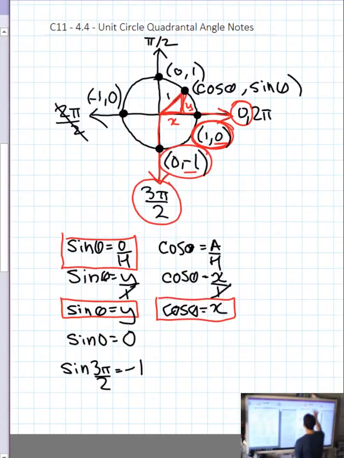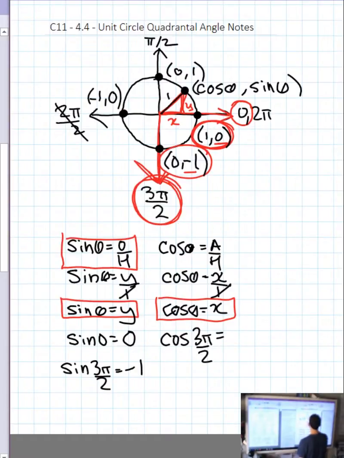So let's do an example for cos down below. Let's pick an angle from the notes. Cos of 3 pi over 2. Well, we know that that's just the x value of the point going straight down with the terminal arm pointing straight down.